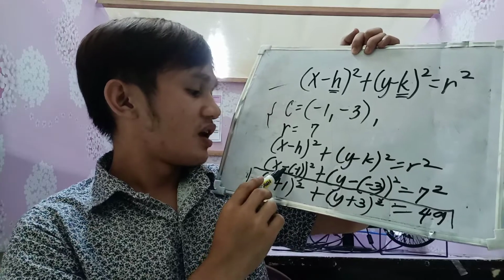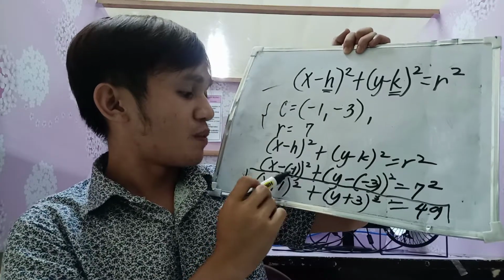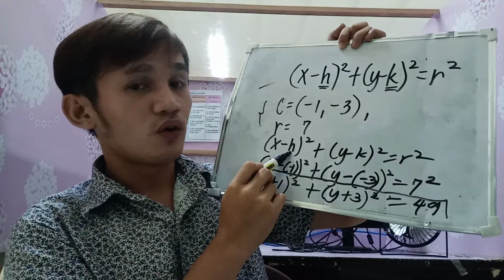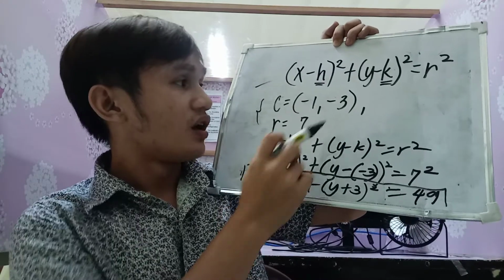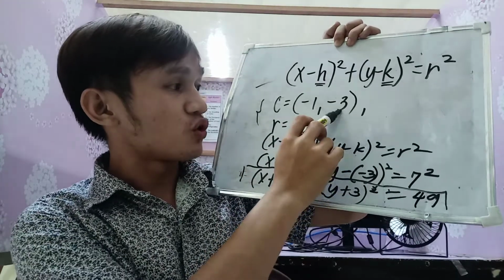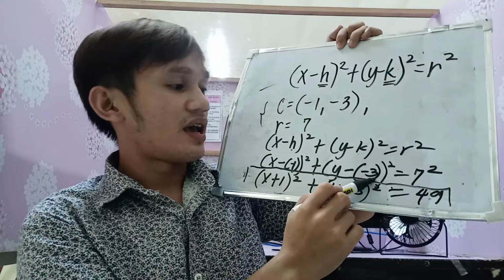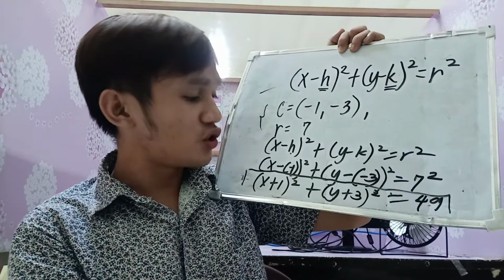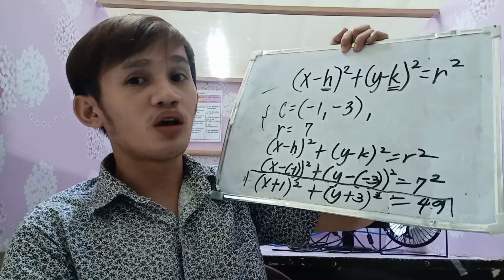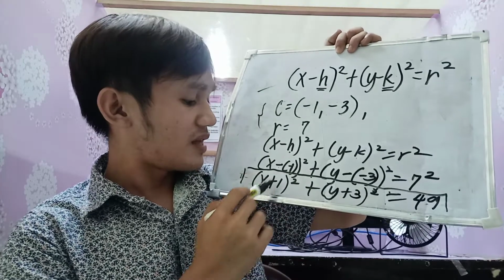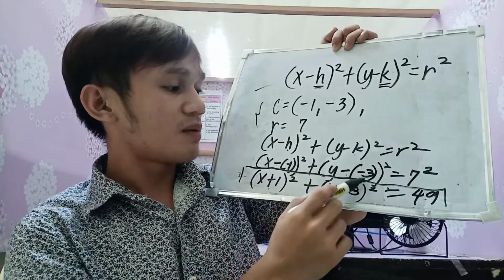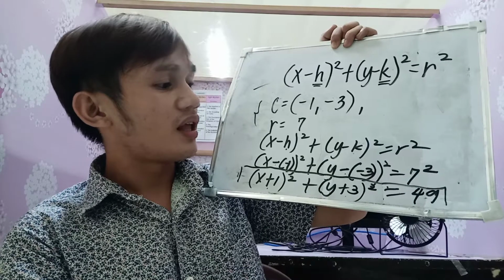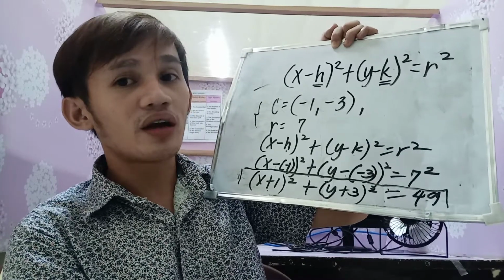Like this one, since you have here −1, make sure that your h is −1. Your k must also be −3. And then just proceed with the operation. There must always be one operation. So this will be negative times negative is positive, negative times negative is positive, and you always need to square your radius.